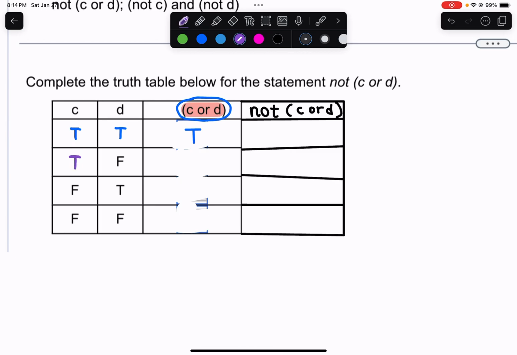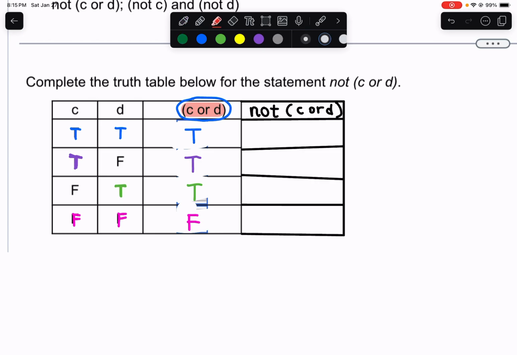Because of this first T, it doesn't matter if the second one is false, this disjunction is also true. Next, if you look at the next line, D is true. Because of that, this disjunction is also true. And finally, if you look at the very last row here, they're both false. So there's no way that disjunction is going to be true. So we're going to say that last one is going to be false.